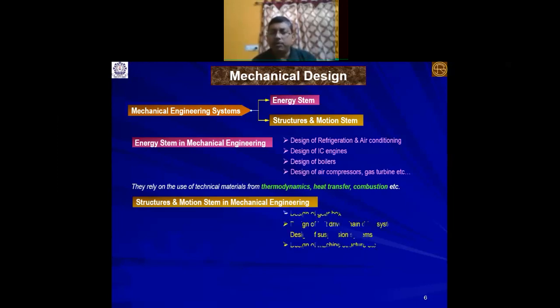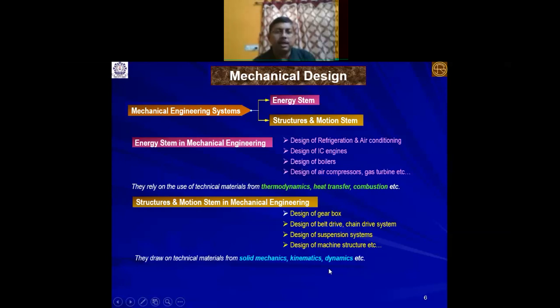So it covers design of gearboxes, design of belt drive, design of the chain drive, design of the suspension system of the car, design of different machine structures. And it is clear from the mechanical subsystems that we are talking about, in order to design them, the predominant subject knowledge required is engineering mechanics, that means statics, kinematics, kinetics, and it also requires solid mechanics.